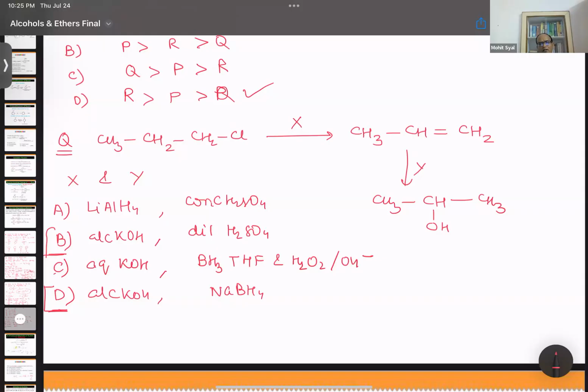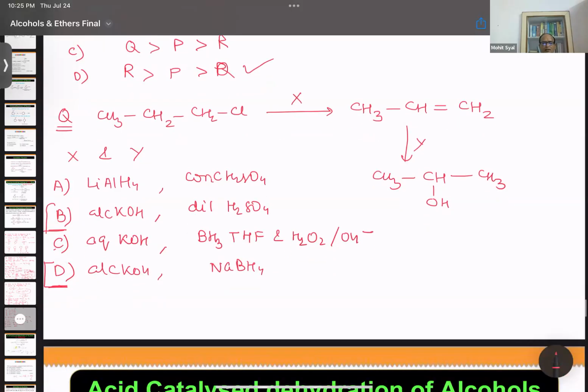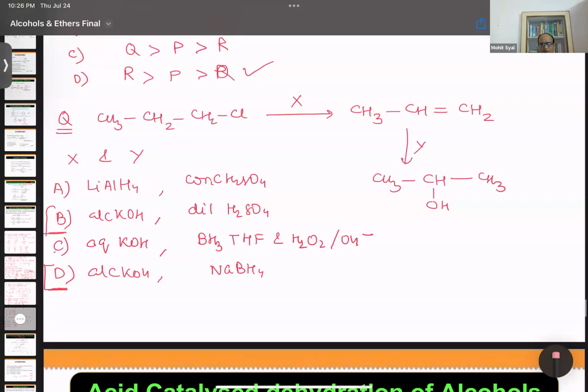How are we getting water added? So Jasleen, just check your connection. Just rejoin if it is not clear to you.